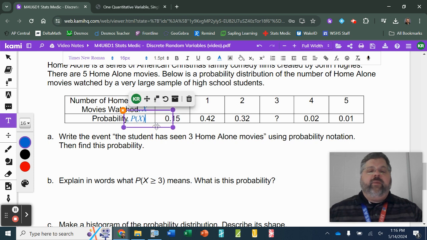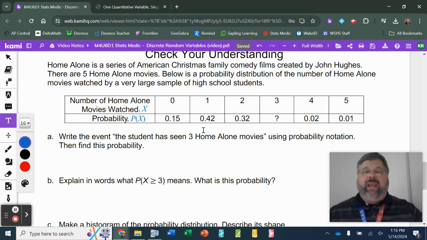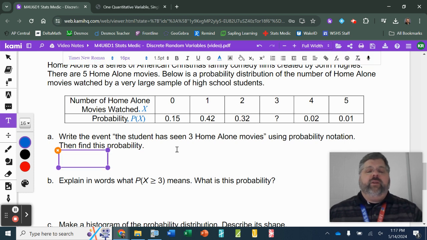And so they're lining up. In other words, it's telling me if I was to randomly select a student from whatever class this came from, there is a 0.15 probability or 15% chance that that student has never seen any Home Alone movies. So we're going to write this event using probability notation. I'm going to use this notation of P, the probability that X, and now it says has seen exactly 3, so we're going to say equals 3.